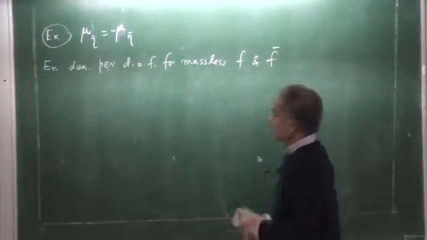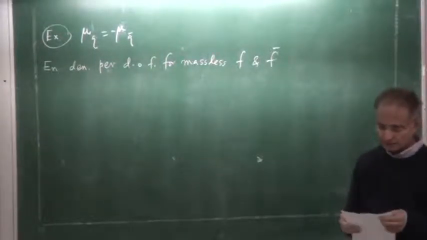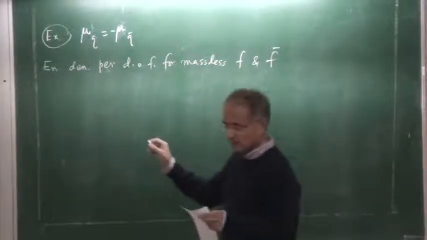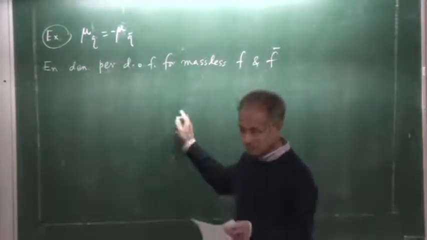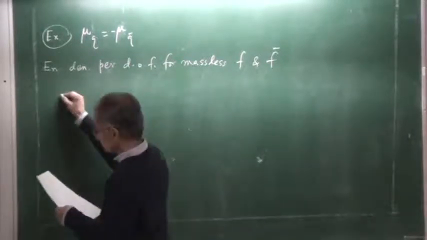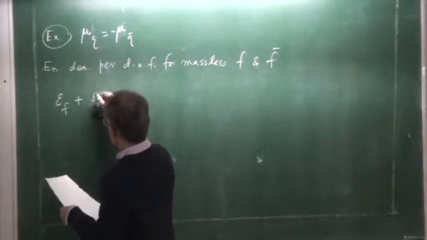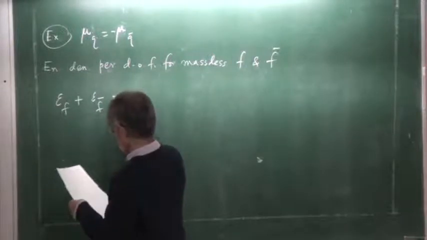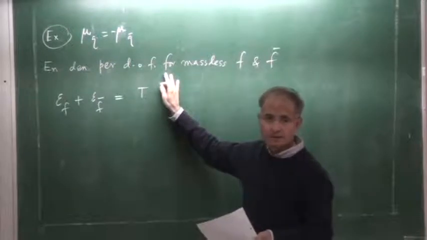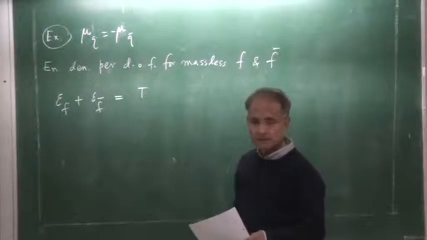Energy density per degree of freedom for massless fermions and antifermions. Have you done this? There is a tutorial problem corresponding to this. Let me just write the result, epsilon F plus epsilon F bar. Have you done this with chemical potential or without chemical potential? Without chemical potential. Okay.